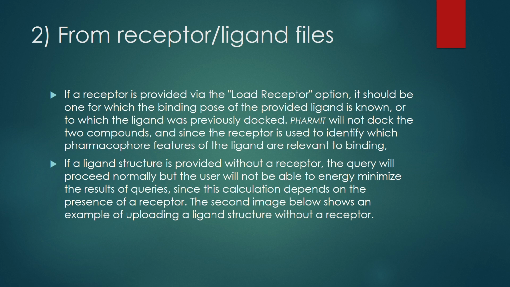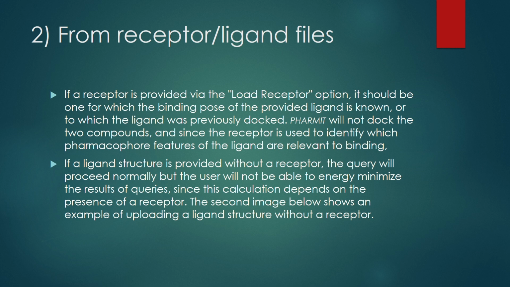If a receptor is provided for the load receptor option, it should be one for which the binding pose of the provided ligand is known, or to which the ligand was previously docked. When the receptor is loaded, it must be previously docked with the ligand that we are loading in the load features option.